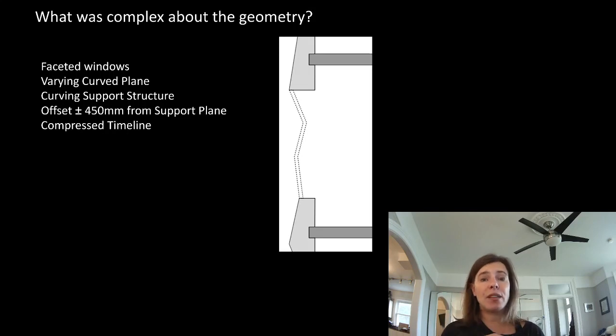The biggest difficulty here was a compressed timeline. In a normal world, you would build the concrete building, the concrete guys would leave the site, the steel guys that are doing the facade or the envelope, so the light frame steel guys, would come in, measure the concrete, build a model of its exact as-built condition, and then they would make their steel.